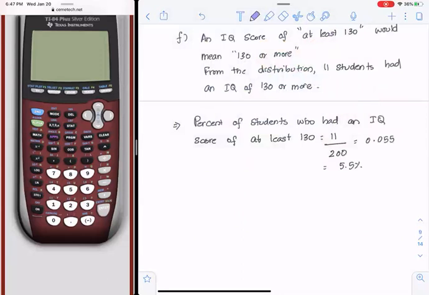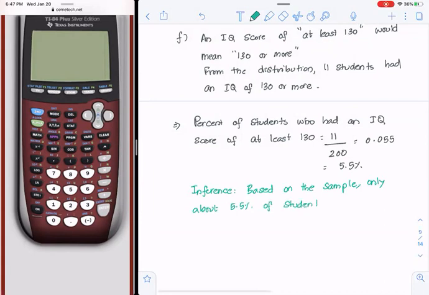So the inference here, based on the sample, only about 5.5% of students would have an IQ score of 130 or more, which is simply at least 130.